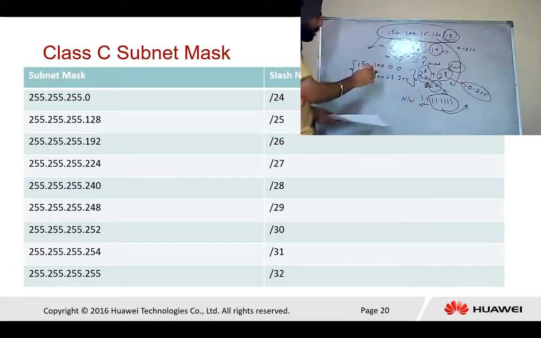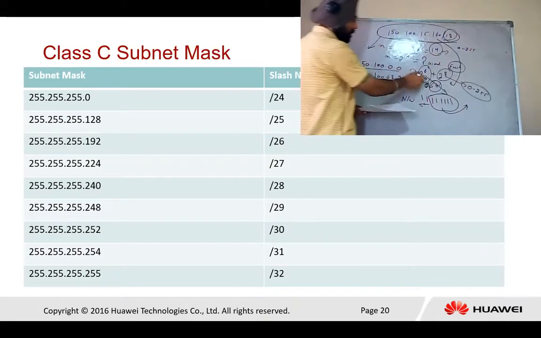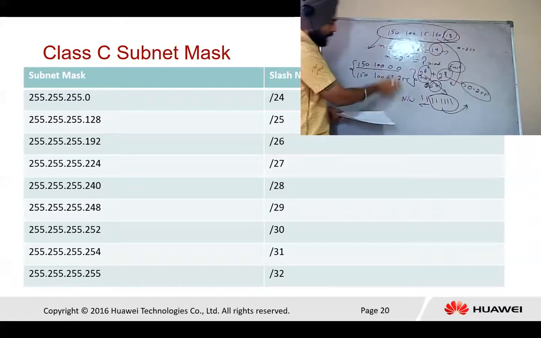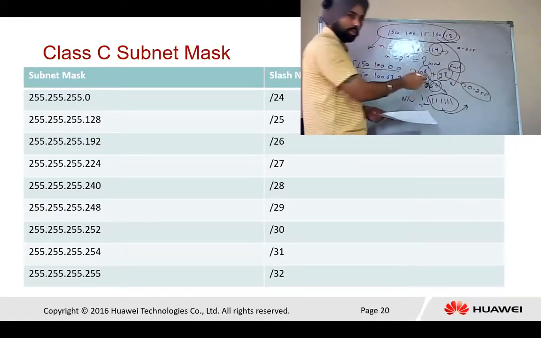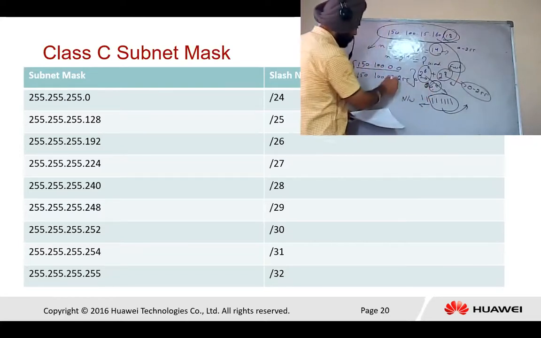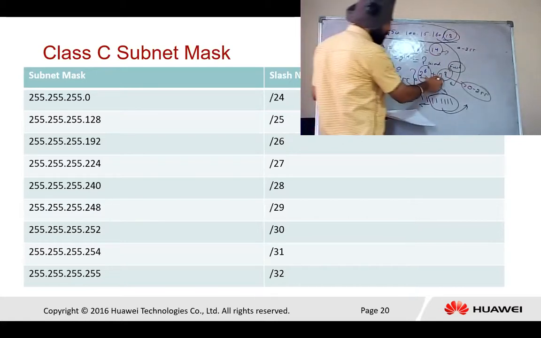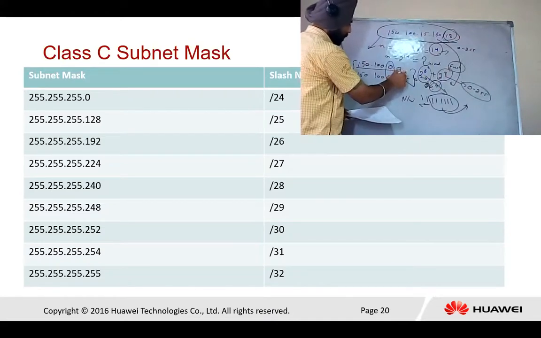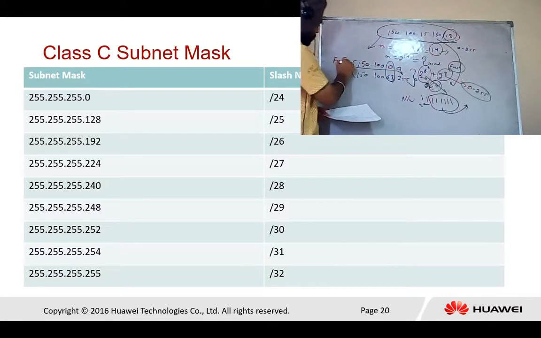How will the first block value come? 0.0. Why 0.0? Because the first is 0, the second again 0. And what is the maximum length for the second octet value? The maximum length for the second octet value is 64. So 64 means from 0 to 63. And what about the last octet value? That is from 0 to 255. So this is our first block value.